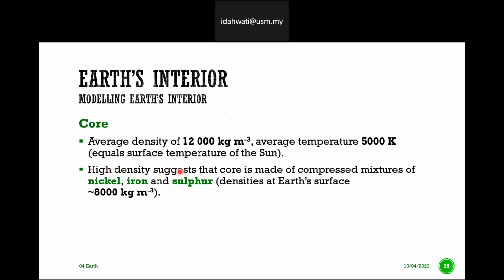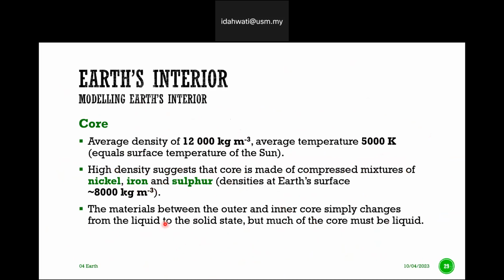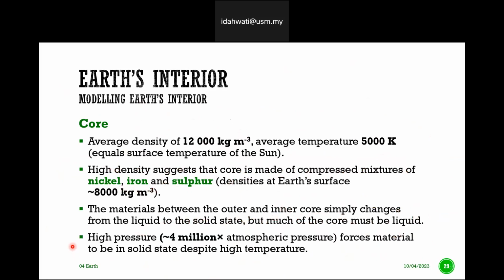The high density suggests that the core is made of a compressed mixture of nickel, iron, and sulfur. The material between the outer and inner core simply changes from liquid to solid state, but much of the core must be liquid. And high pressure forces material to be in a solid state despite high temperature.